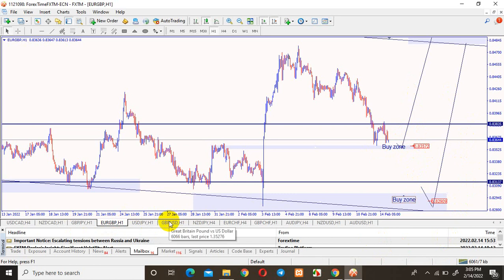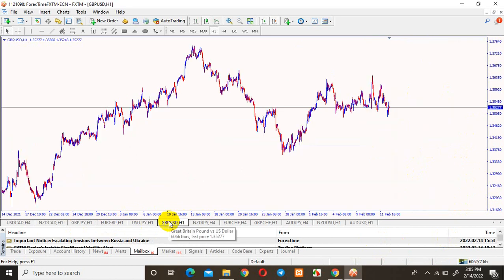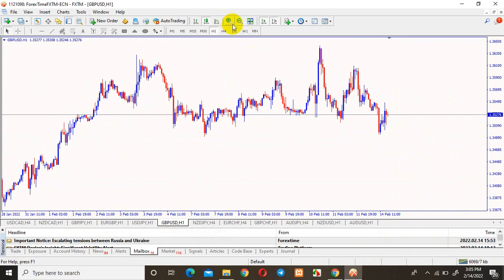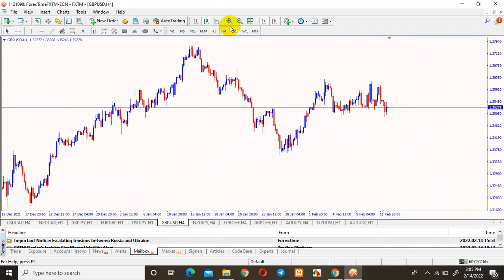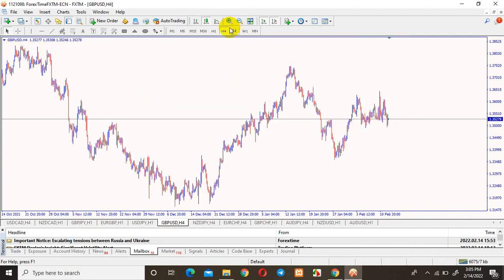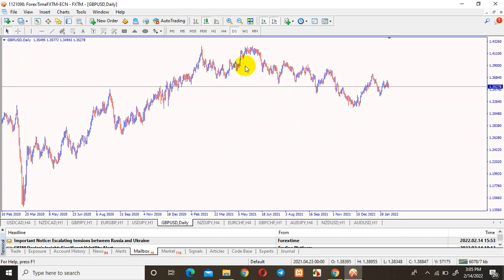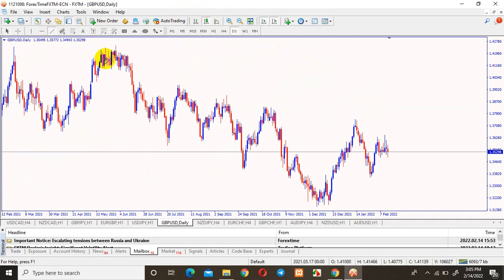So at this point, should I take GBP USD? Okay, lastly, let me take GBP USD. On GBP USD, I move to my D1. On my D1 chart, I see price made this move. Look at this.